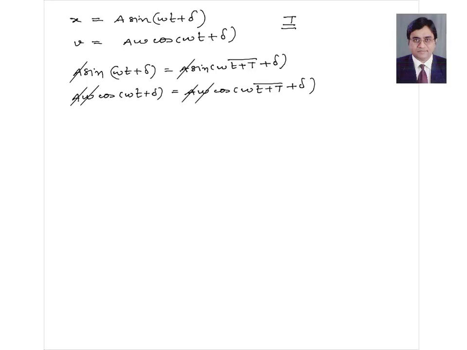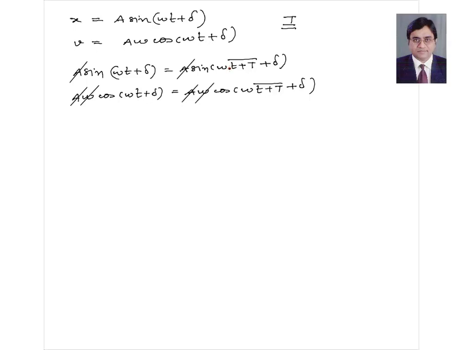And now see if you are able to get the result for T. This is the bracket. I was just saying that sine and cos functions both become equal after a minimum angle of 2 pi.